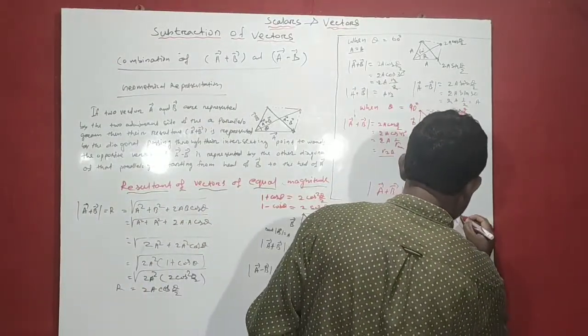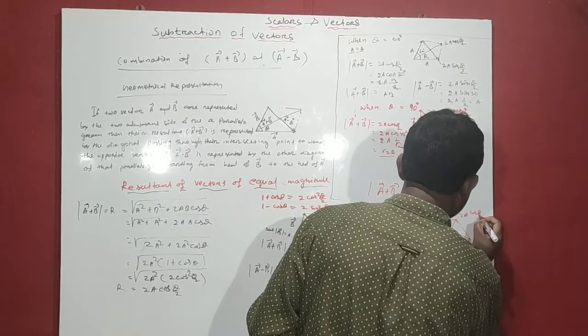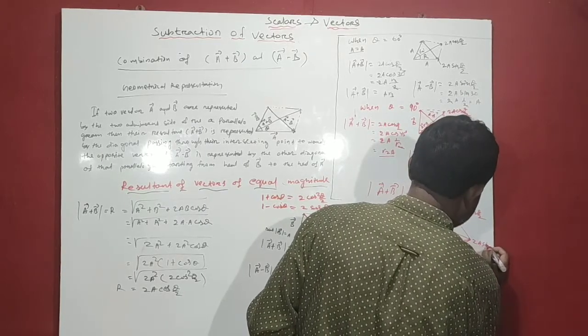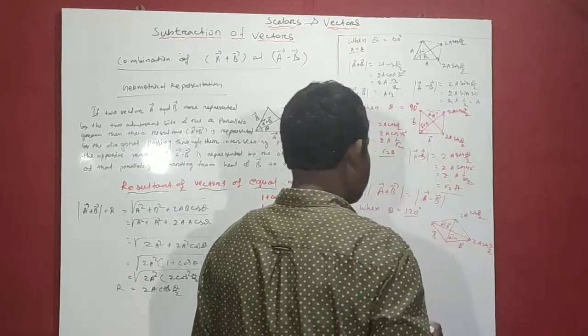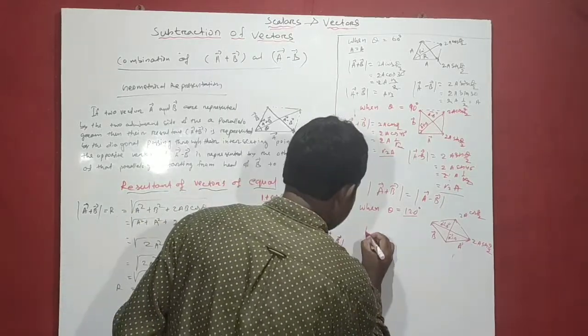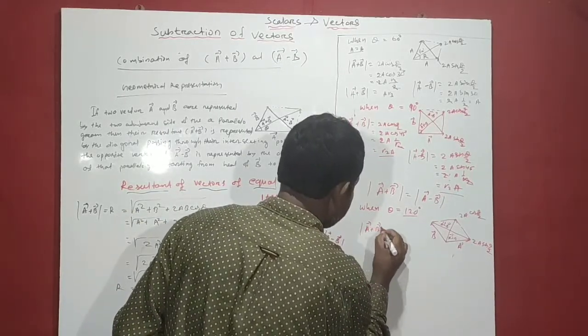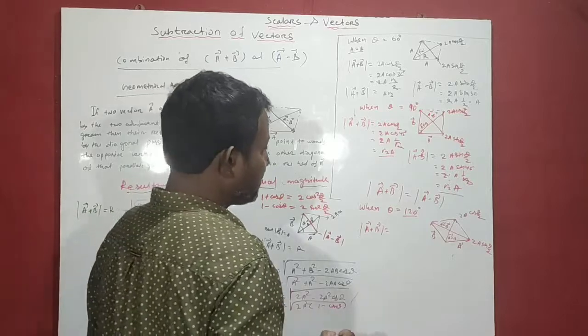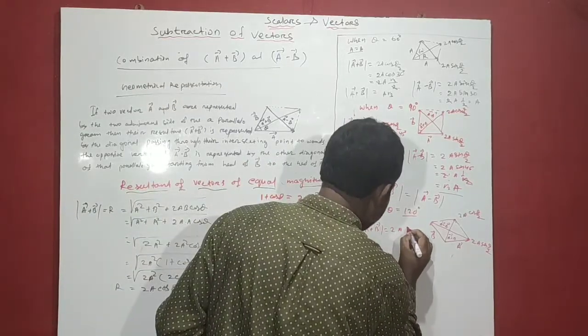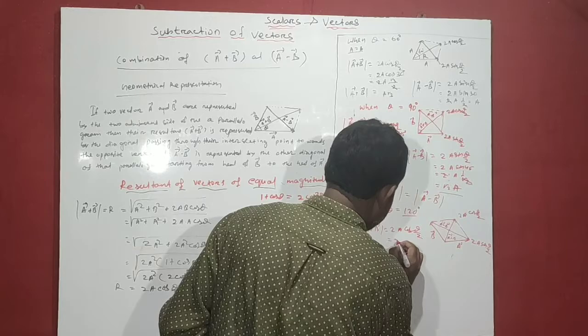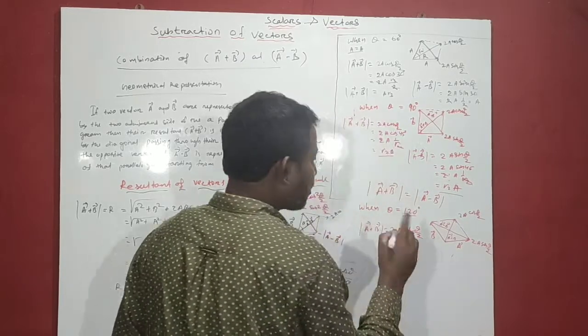Here 2A cos theta by 2, here 2A sin theta by 2. The magnitude of A plus B is equal to 2A cos theta by 2.